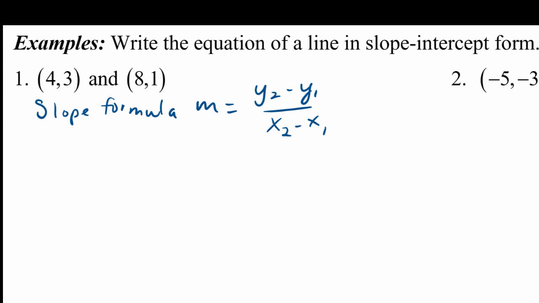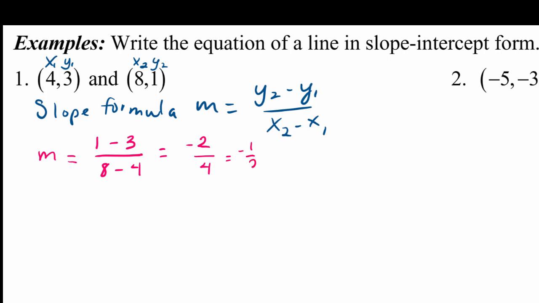So we're going to go ahead and label our 2 ordered pairs x1, y1, x2, y2, and go straight to the formula. m equals 1 minus 3 over 8 minus 4. And that gives us negative 2 over 4, which reduces to negative 1/2. So now we know that the slope of this line is negative 1/2.